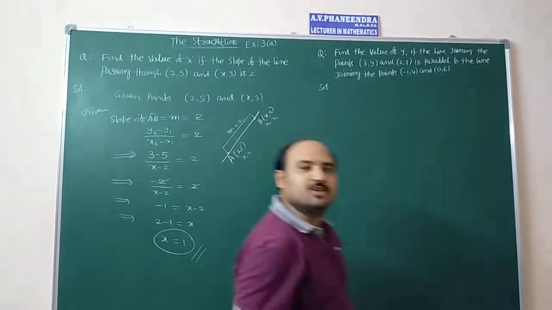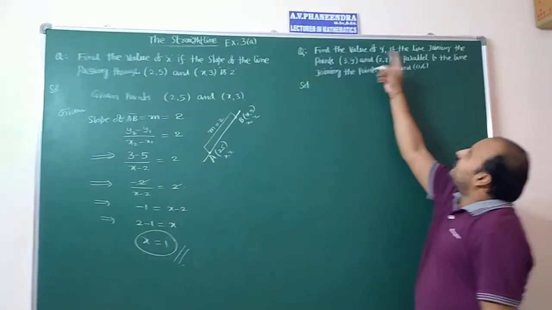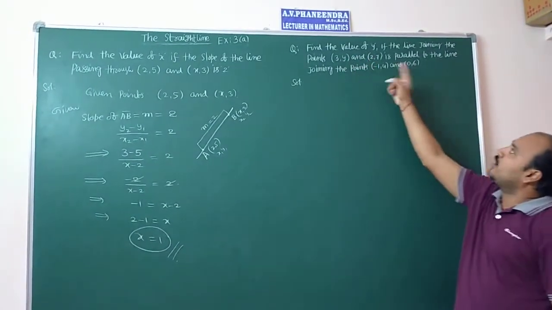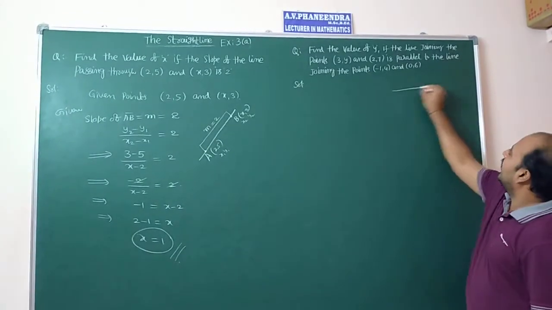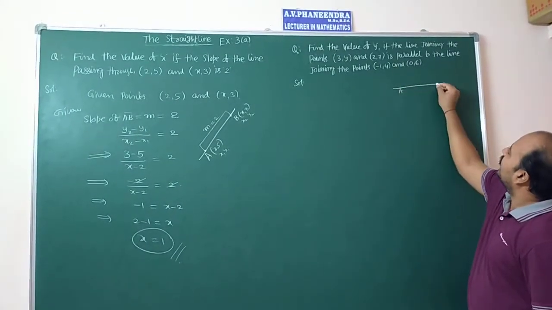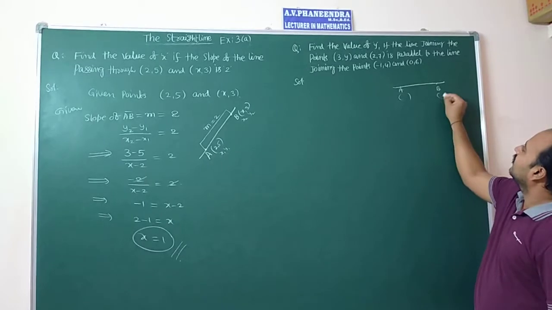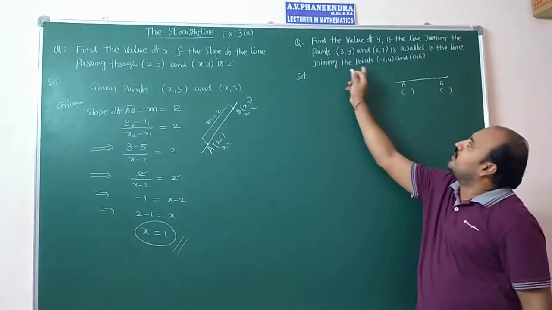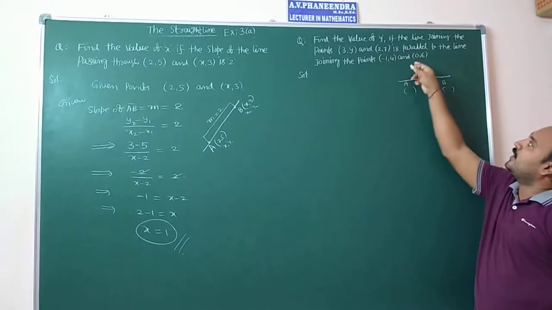Now come to the next question. Find the value of y if the line joining the points 3, y and 2, 7 is parallel to the line joining the points minus 1, 4 and 0, 6.